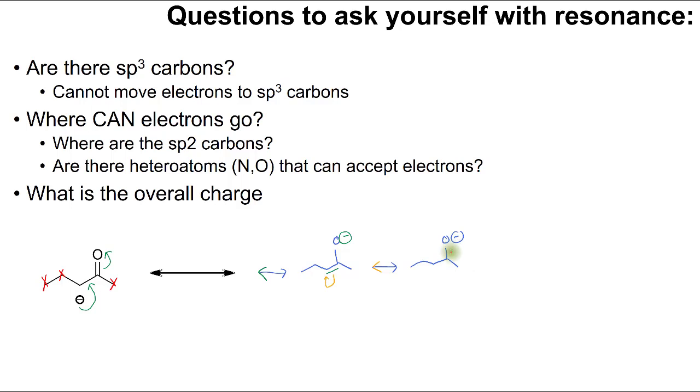That negative charge is still there, but now the positive charge is on the carbon here, and then I have a negative right next to it. So that would be a rare, less likely resonance structure. So the overall charge is -1, -1, -1.